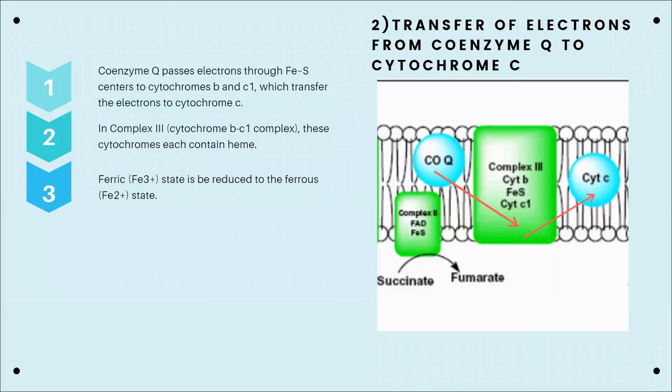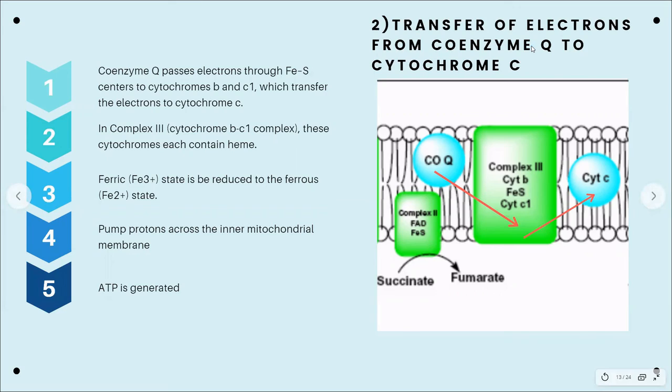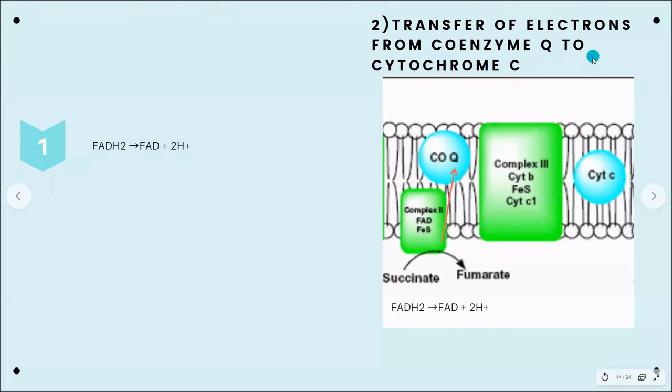As each cytochrome can only carry one electron at a time, 2 molecules in each cytochrome complex must be reduced for every molecule of NADH that is oxidized. The energy produced by the transfer of electrons from coenzyme Q to cytochrome C is used to pump protons across the inner mitochondrial membrane. The protons fall back into the matrix through the pores in the ATP synthase complex. ATP is generated. FADH2 is oxidized to FAD and H+.